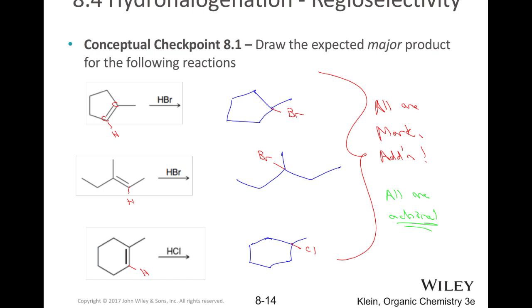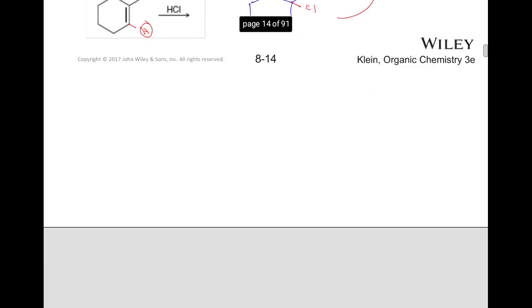Anyhow, that's a question that we looked at in detail in class, but the take-home message is I've highlighted all the carbon atoms that have the proton on them. So the ones with the most protons, here we go in red. Again, the rich get richer, so the additional proton is going to go to each one of those carbons, and the bromine, or the chlorine in the last case, ends up on the other carbon atom.